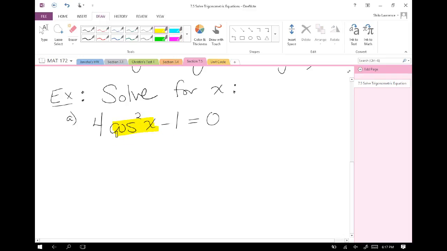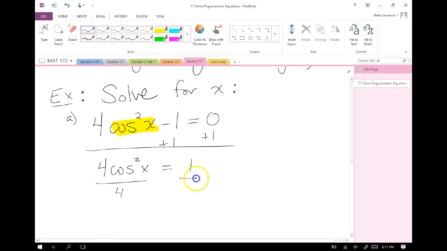So all I need to do is use opposite operations to get that trig function by itself. So I'm going to add my 1 over, and I get 4 cosine squared equals 1. I'm going to divide my 4 over, and I get cosine squared equals 1/4.